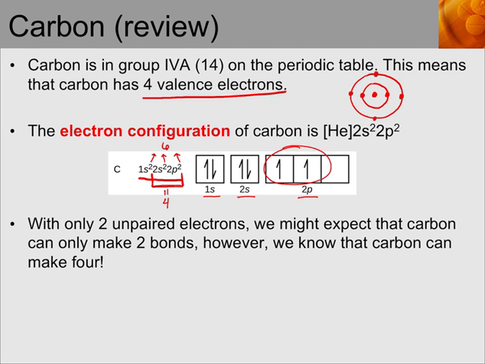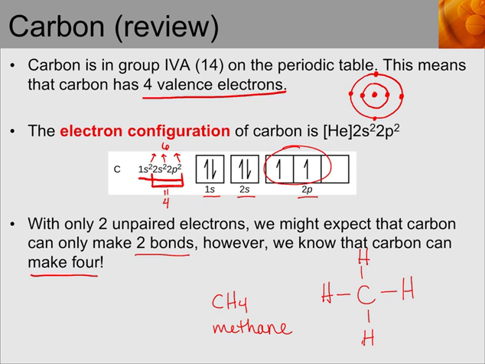So we might expect that carbon can only make 2 bonds. However, we know that carbon can make 4. For example, methane, which is CH4, has 1 carbon in the middle and 4 bonds to different hydrogen atoms. Okay, so how do we explain that?